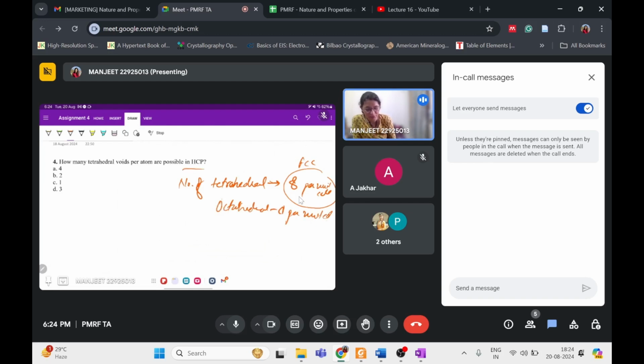For the HCP one, that also the professor had told you, there are two tetrahedral voids existing in this one.